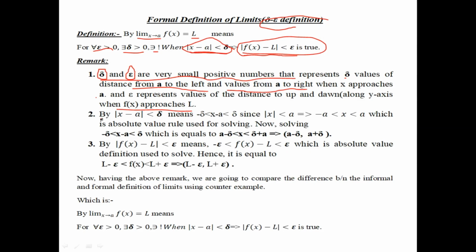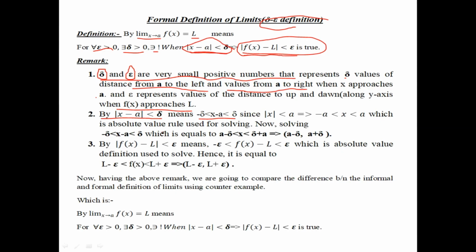So again, the absolute value of x minus a less than delta means x minus a is between minus delta and delta, which comes from the definition of absolute value.